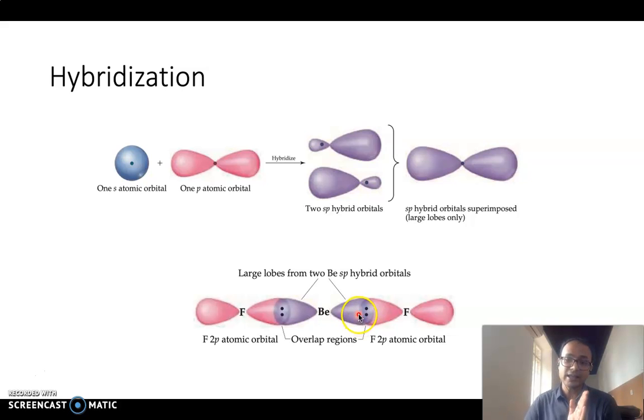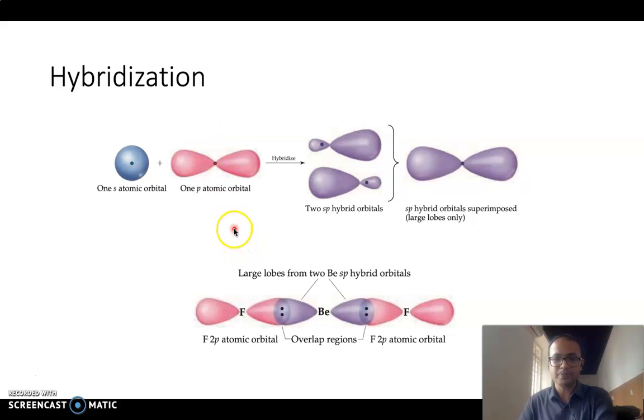The concept introduced by Lewis, that pairing up leads to the formation of a covalent bond, is very well explained now by taking into consideration the orbital overlap in valence bond theory.